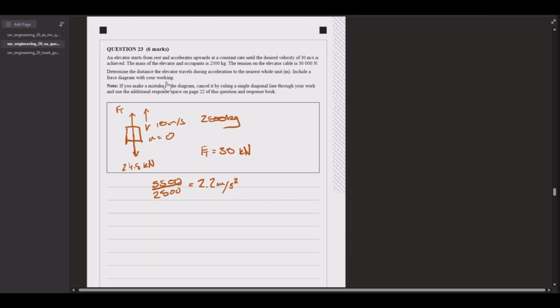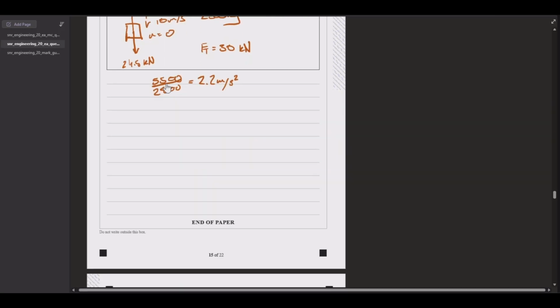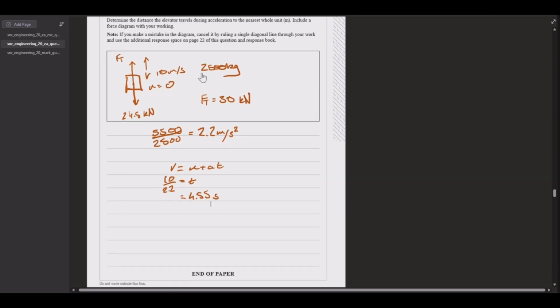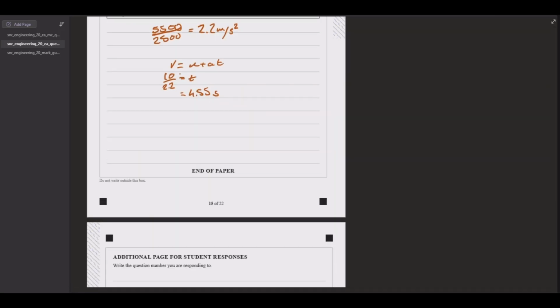Now we need to find how long it takes to get to 10 meters per second. So it's just v equals u plus at. u is 0, so 10 divided by 2.2 equals t, and that's going to equal 4.55 seconds. And the distance it travels, now that's just suvat.